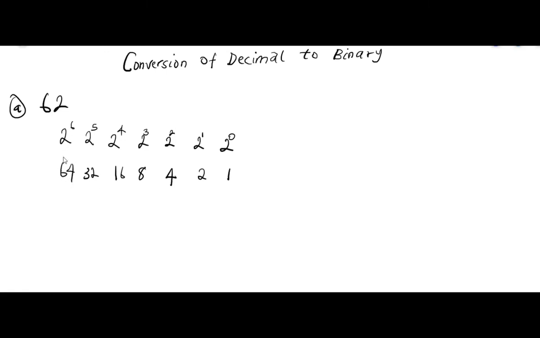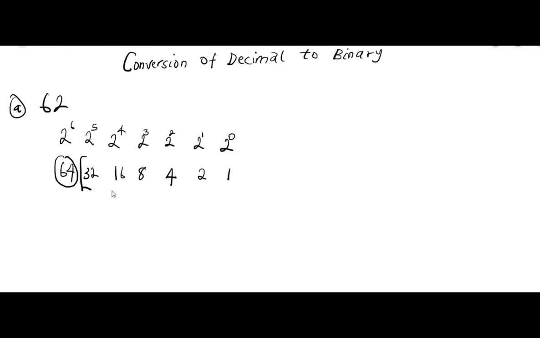The reason I stop at this is because 64 is greater than 62. So you have 1, 2, 4, 8, 16, and 32.